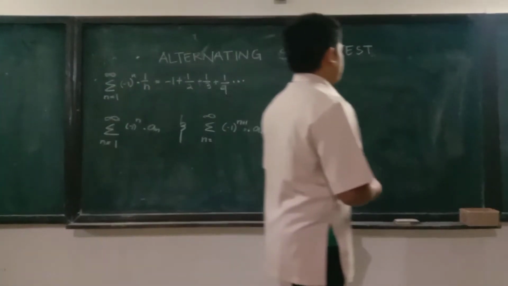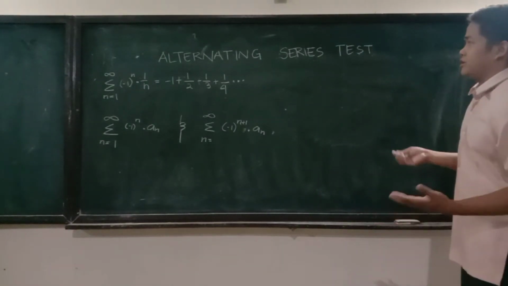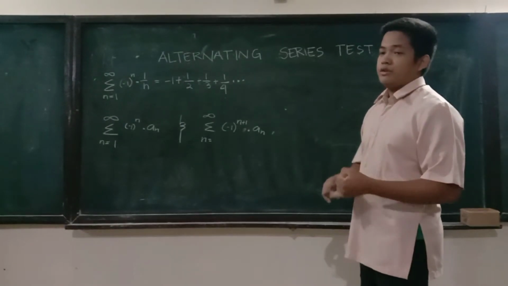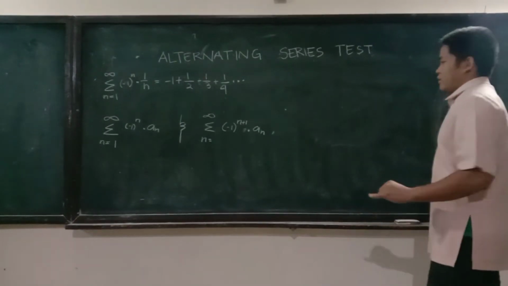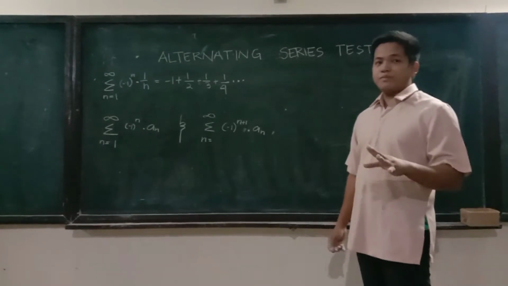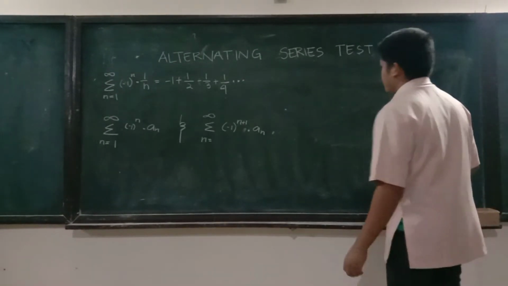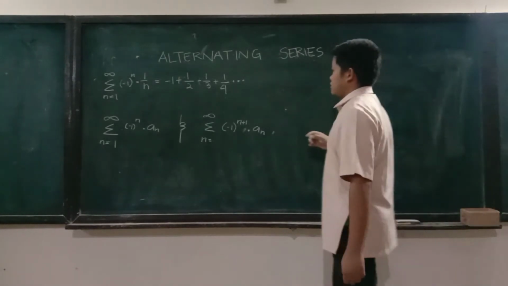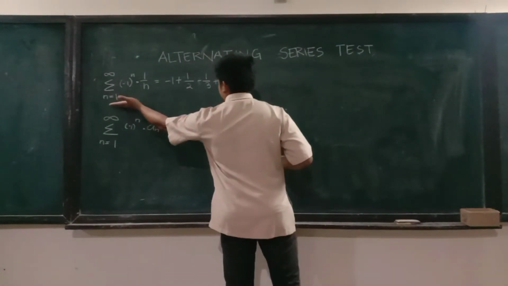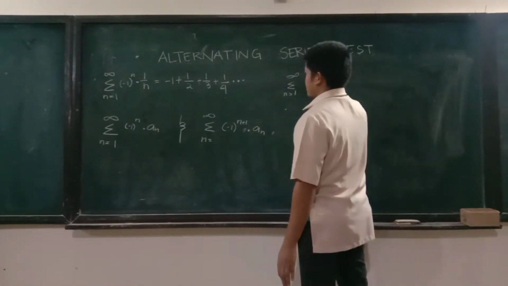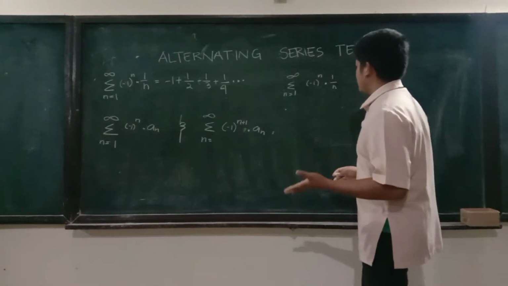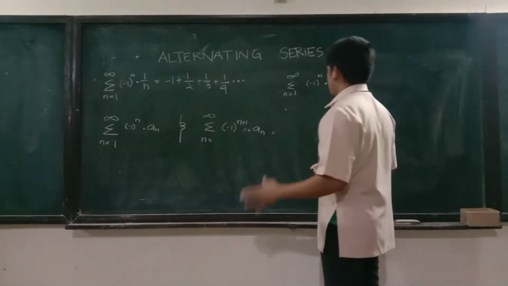In order to solve an alternating series and identify if it converges or diverges, we need to follow certain steps. The first step is to find if it diverges or converges. Let me set an example. Let's see if it converges or diverges.